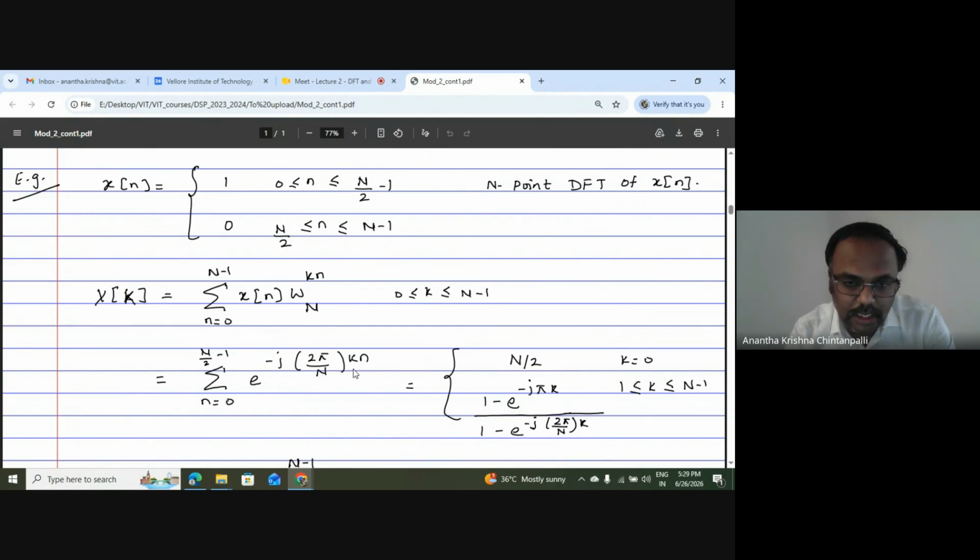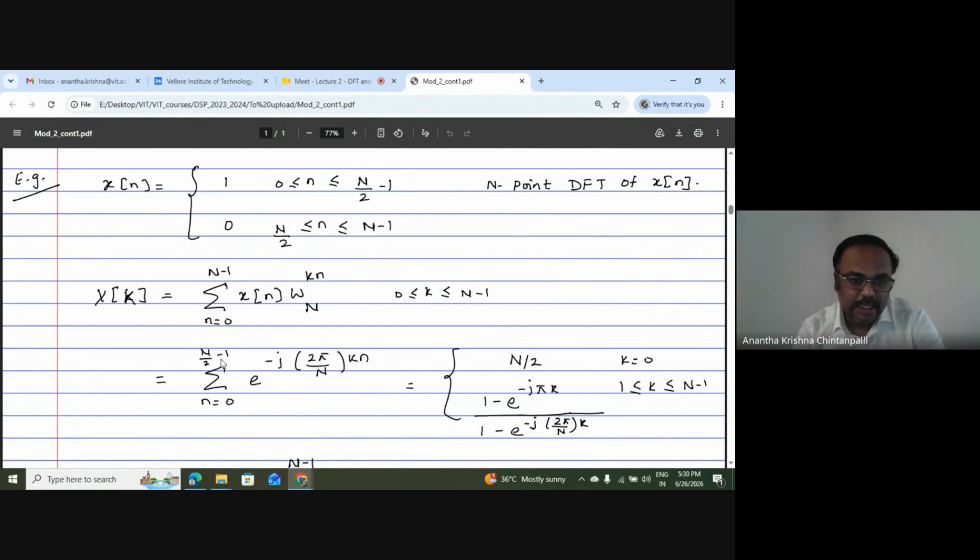When k is equal to 0, this is going to be 1. So if this is 1, the summation of n goes from 0 to N by 2 minus 1 of 1 is going to be N by 2. And for k greater than or equal to 1 and k less than or equal to N minus 1, again you will apply a geometric sum expression.